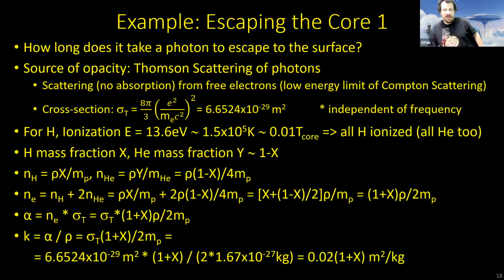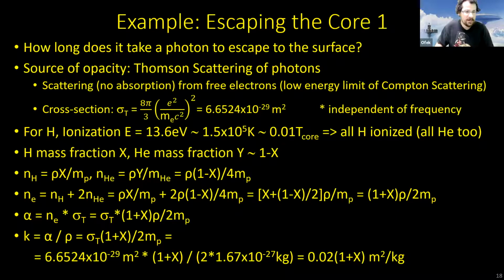The ionization energy is a 100th of the random energy any particle has in the center of the sun just due to its temperature. So effectively, you can put in a Boltzmann factor, but a Boltzmann factor of e to the minus 100 is virtually zilch. All the hydrogen is completely ionized and all the helium as well. Basically, the entire core of the sun is completely ionized.